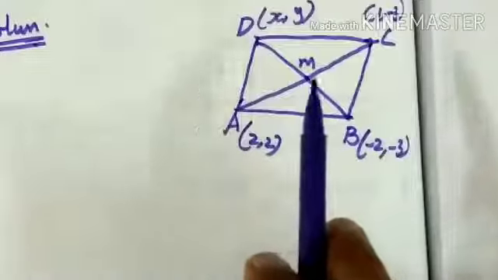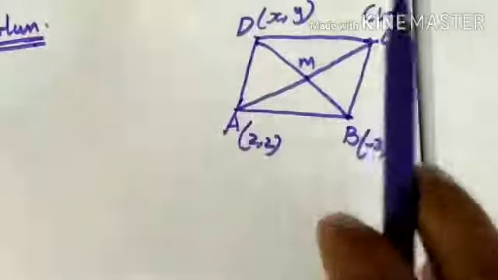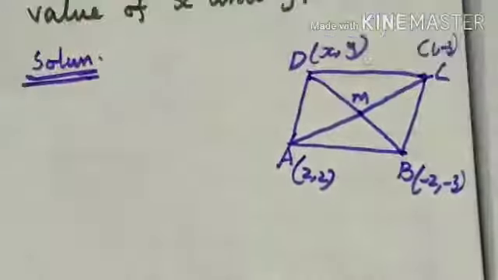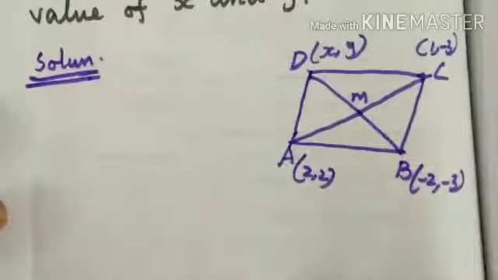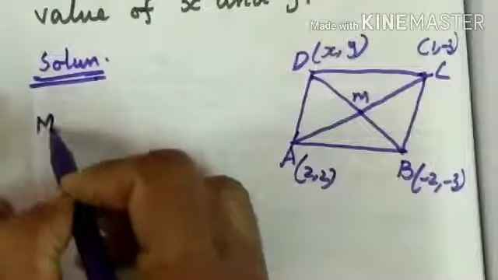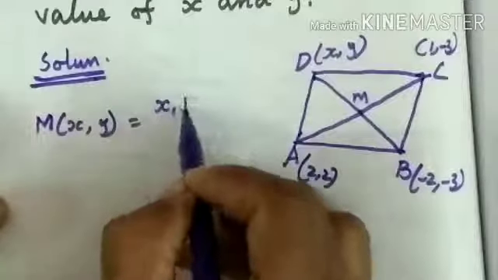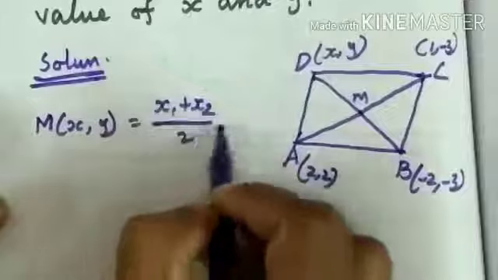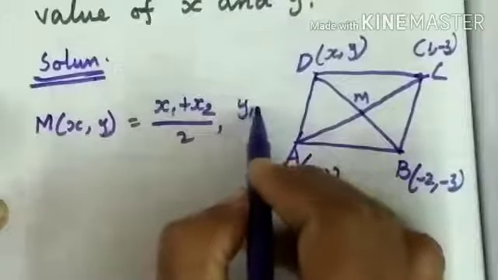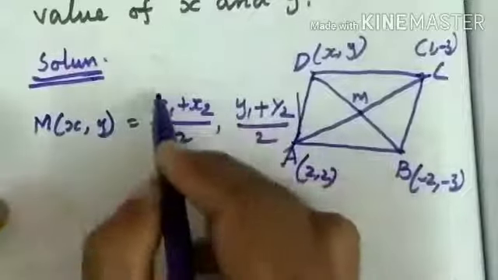By using the midpoint formula, we have to find the midpoint of AC and midpoint of BD. In solution, first you take down and write the formula. Midpoint formula M(x, y) is equal to (x1 plus x2) by 2, (y1 plus y2) by 2.